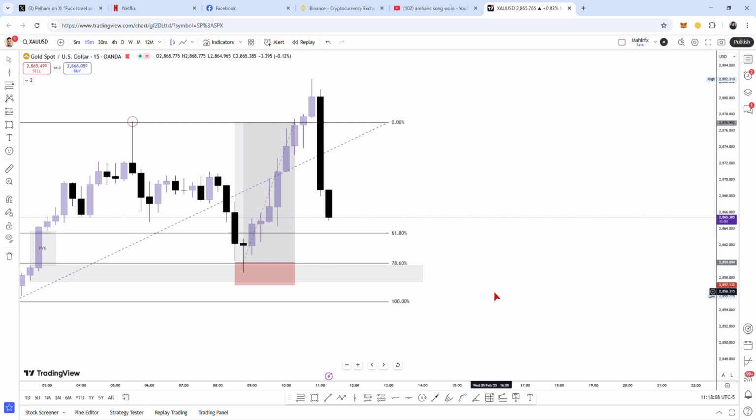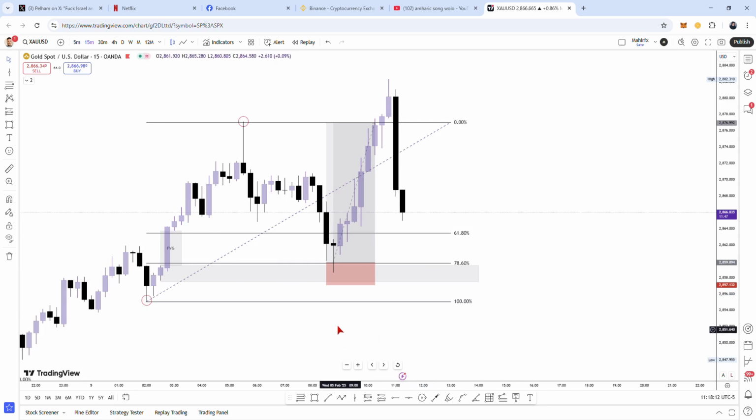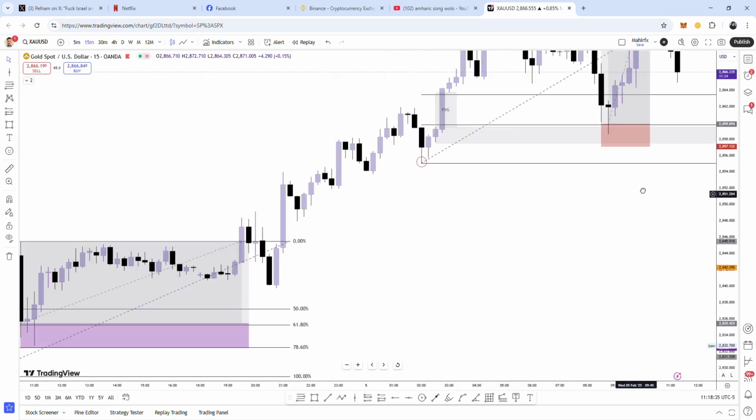So whether or not you are going to hold it, you must consider taking your profit here, because the market may continue to trend or reverse back to your entry points. So always make sure that your entry is here and your take profit is here, no matter what time frame you are using.